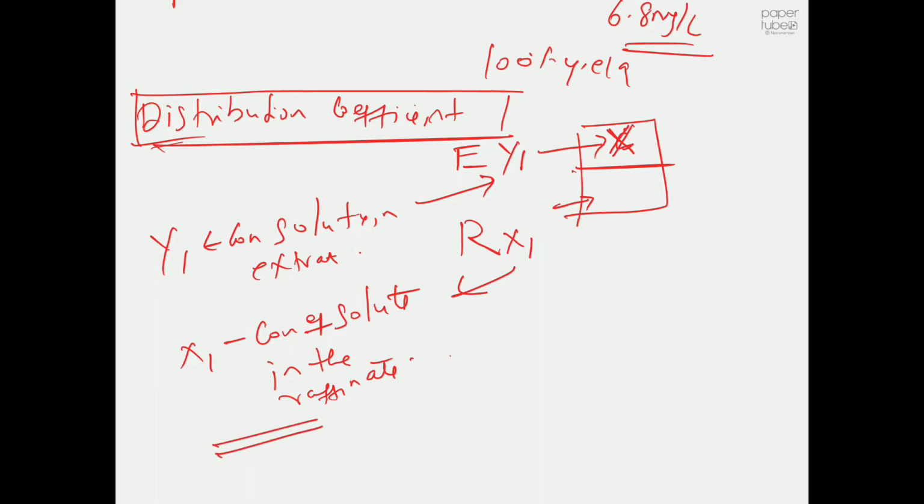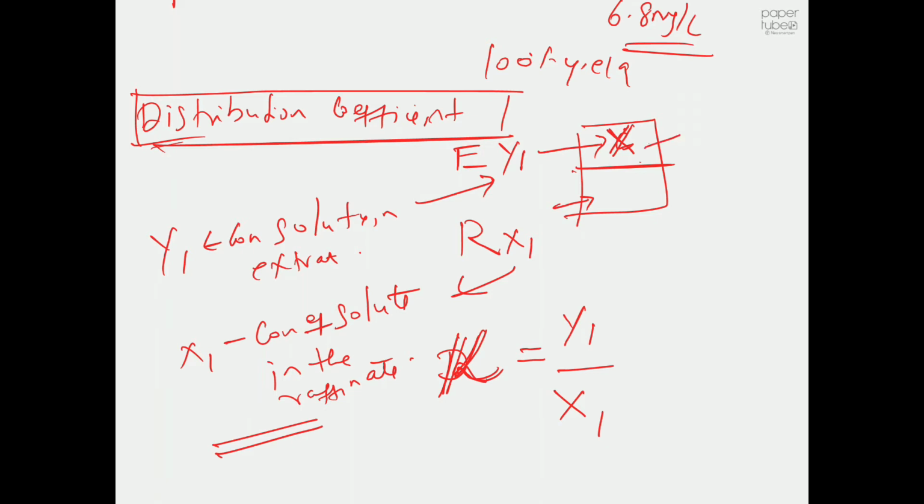The ratio of these two is your distribution coefficient, and the common notation is K. K is Y1 by X1. This is how we define a distribution coefficient. It measures how your solute concentration is distributed between the two phases.